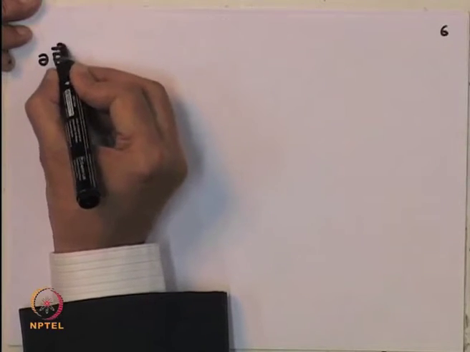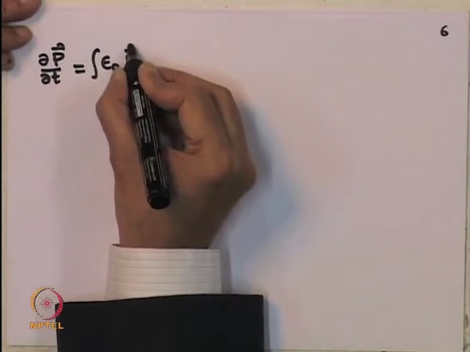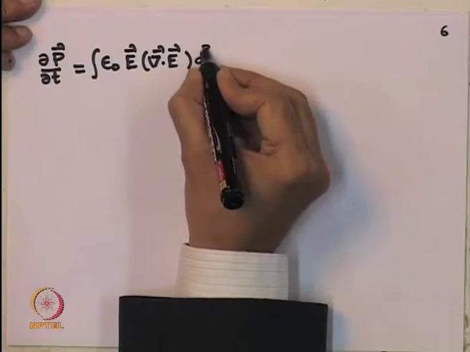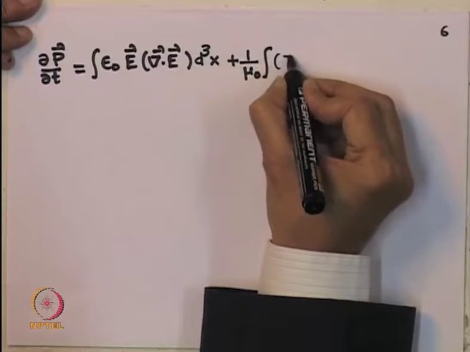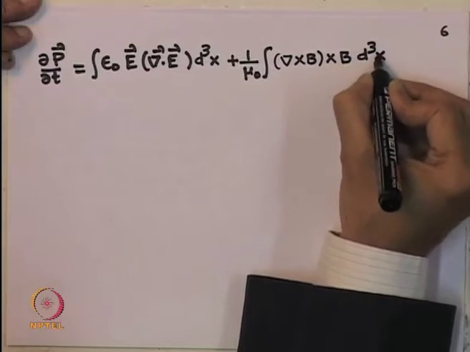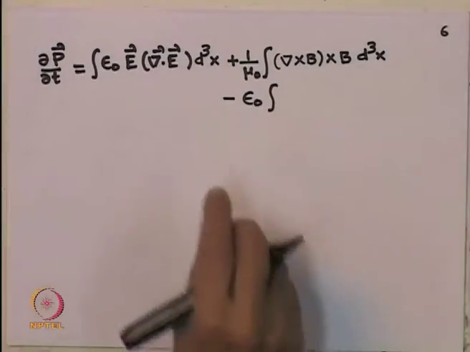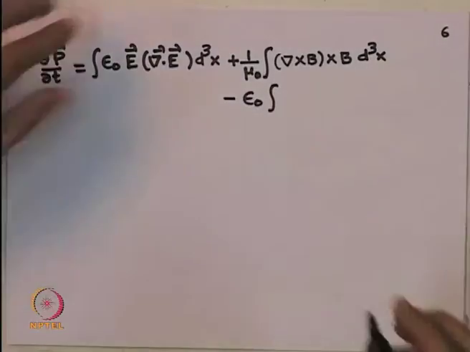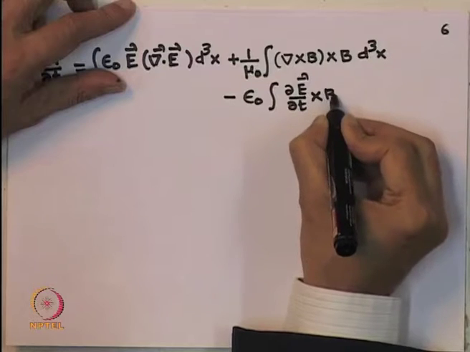So, dP by dt is equal to the integral of epsilon 0 E del dot E d cube x, plus 1 over mu 0 integral of del cross B d cube x, minus epsilon 0 integral of dE by dt cross B d cube x.